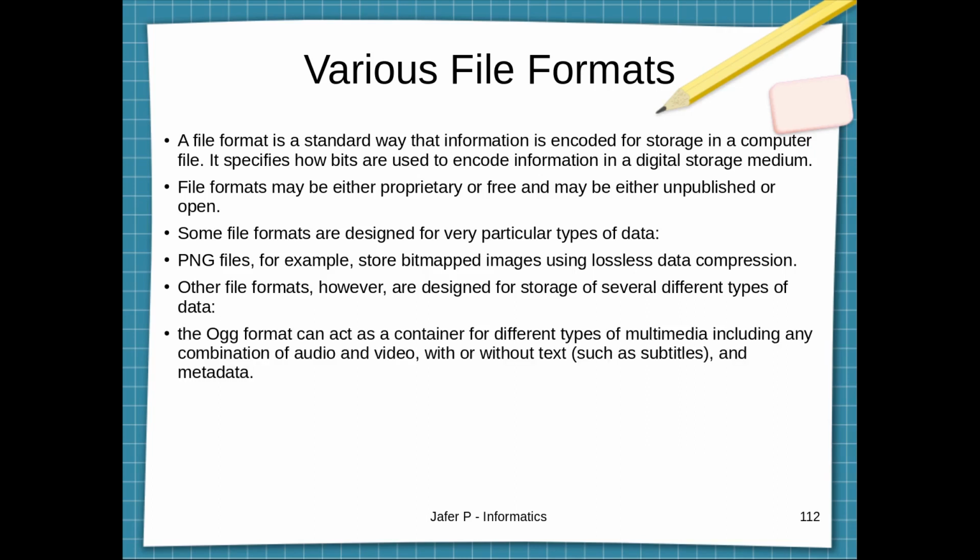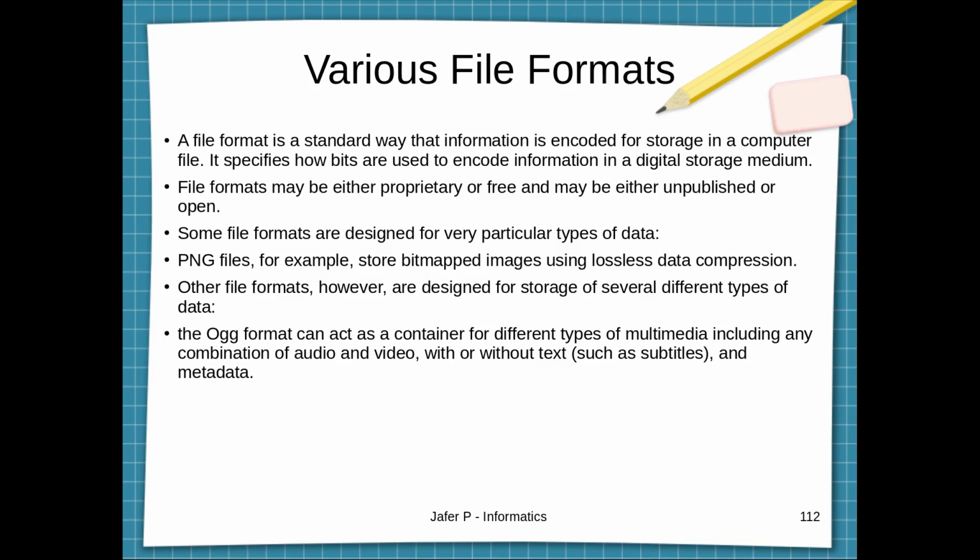Other file formats, however, are designed for storage of several different types of data. The OGG format can act as a container for different types of multimedia, including any combination of audio and video with or without text, such as subtitles and metadata information. So there are many different types of formats for multimedia files. That format is called as an OGG container.